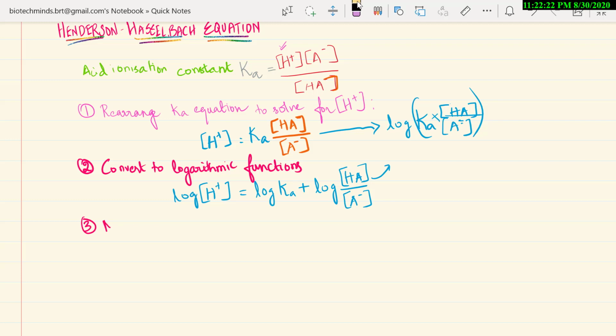Make the expression of step 2 negative, or you simply can say it's to multiply by minus 1. So you multiply by minus 1, simple.